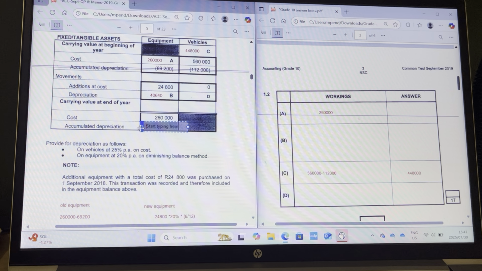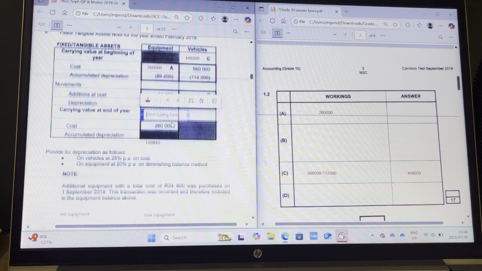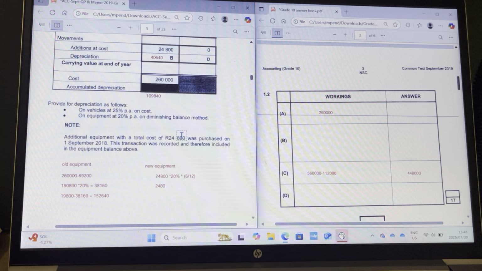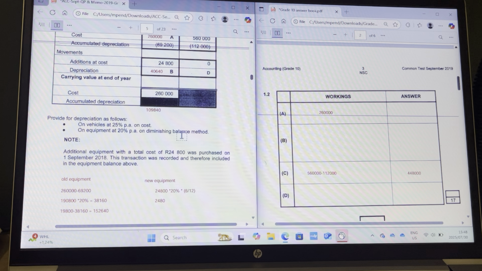Let me just pull it lower. 109,840, giving us a carrying amount of, we've already been given the cost, 260. Okay, how do they get this cost of 260? Is it correct?